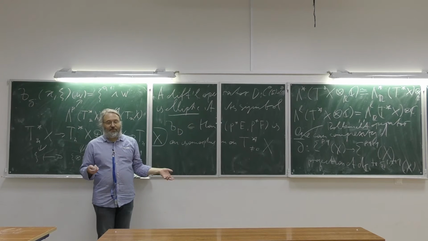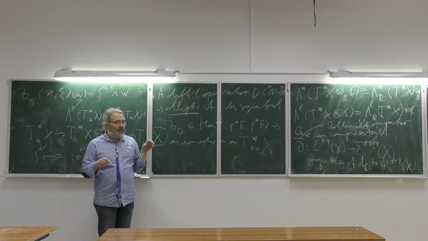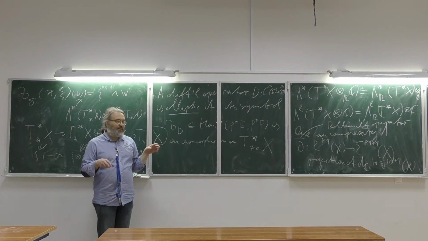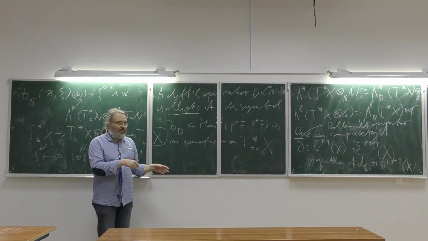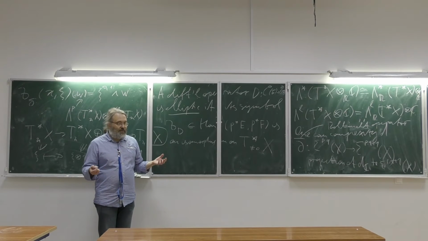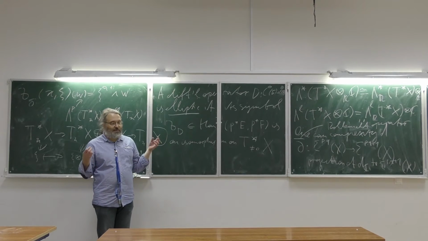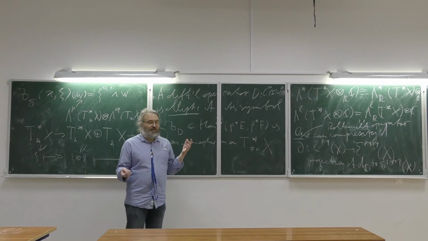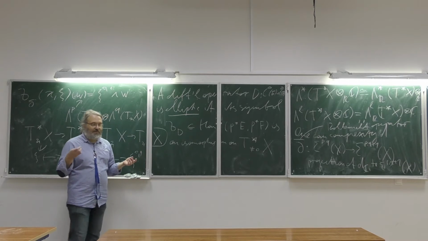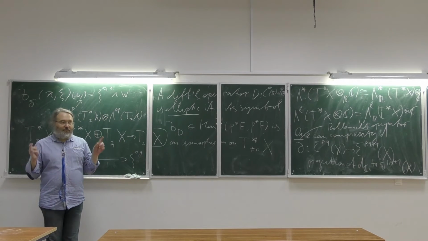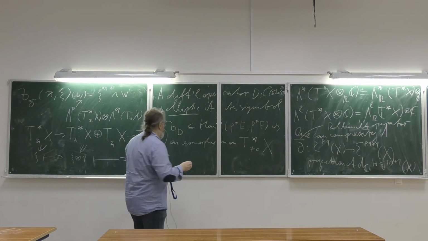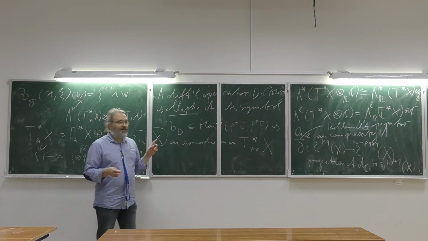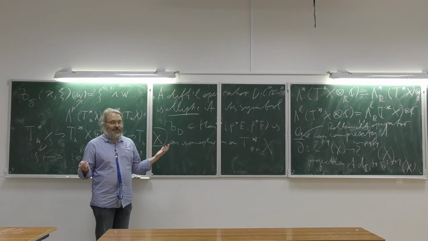Starting from the de Rham operator, one can construct an elliptic operator. How? Take the de Rham plus the adjoint. Then one can square the result, and one gets the Laplace operator. We'll talk about it in more detail. It's a very important operator. But before we do, let's consider a very simple example of the Laplace operator.